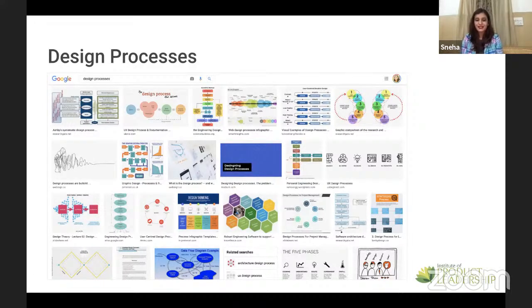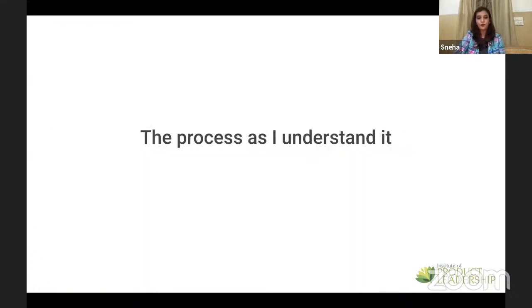And as designers, our job is to actually make things simple. So I want to simplify this process and share my insight on how I look at these design processes. Over the last 10 years, I've seen multiple organizations following different processes, and I've realized that there's one pattern to all of this. And exactly that is what I want to share with you all.